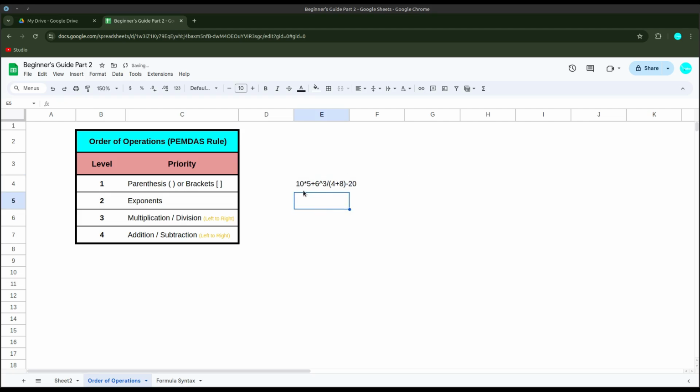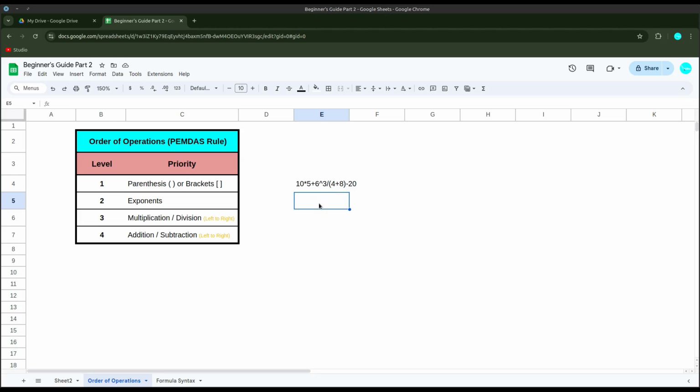Well, in this equation, as you can see, we first have the parentheses. The numbers inside the parentheses form a group, so we have to start the calculation from this group first.